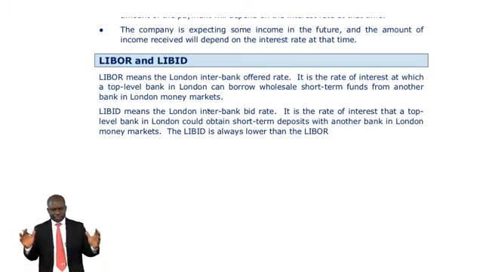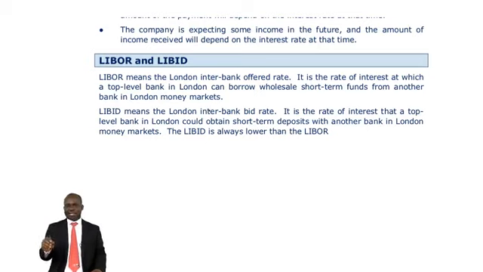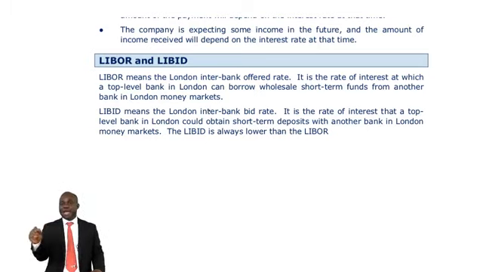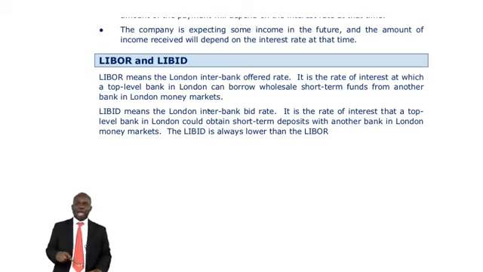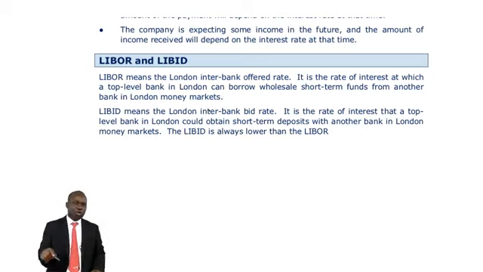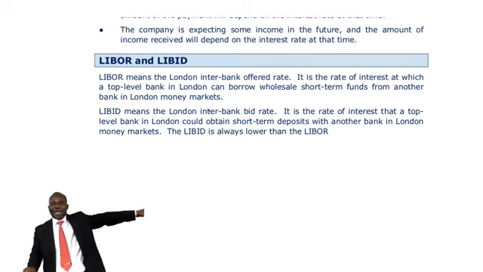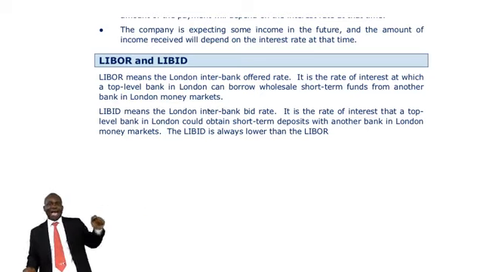Okay, and so be with me here. We said the LIBOR is the interbank rate. So if a company goes to the bank to borrow, the bank will not give the loan to that company at the LIBOR, because that bank itself will borrow money from another bank at that LIBOR.